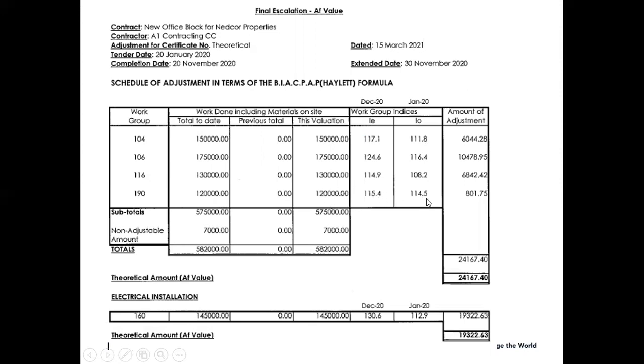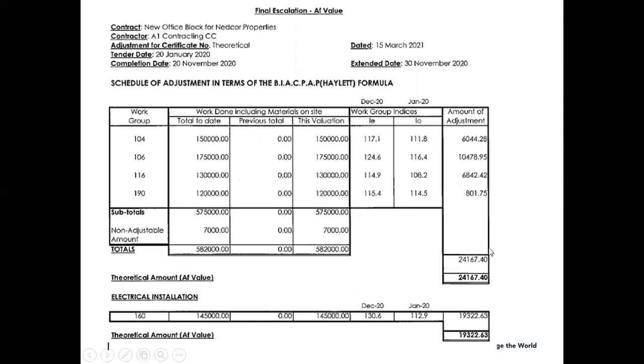over 12 months. In other words, we all know, for instance, let's say 116, which is masonry, is complete, let's say halfway through the contract, and then obviously there's no more escalation on masonry. But here we'll take the 130,000 for masonry and we spread it. So all the work groups are spread over the entire contract period.